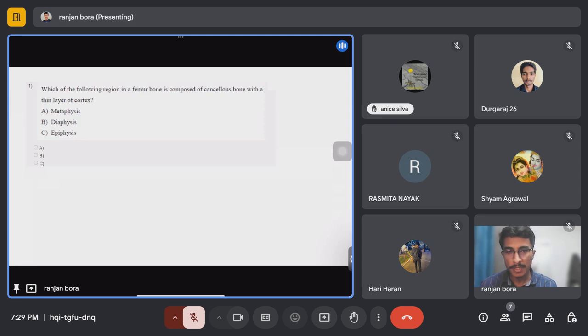So today, first, I will solve the week 1 assignment. The first question was, which of the following regions in a femur bone is composed of cancellous bone with a thin layer of cortex? So what is the answer? Can anybody respond?